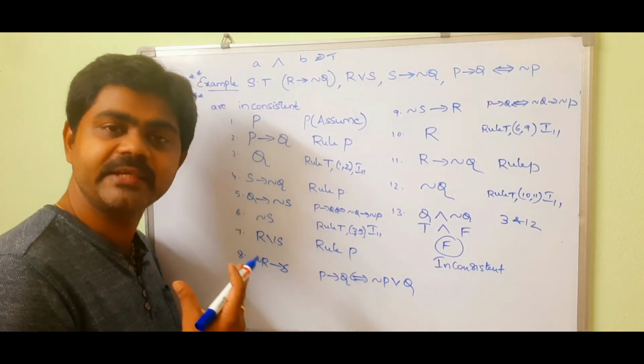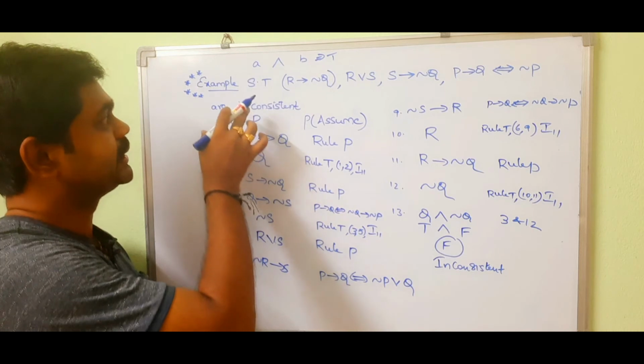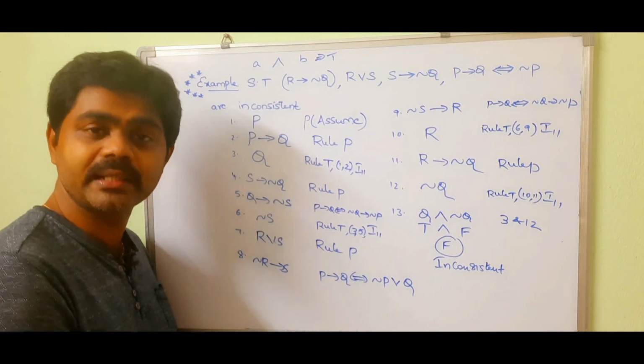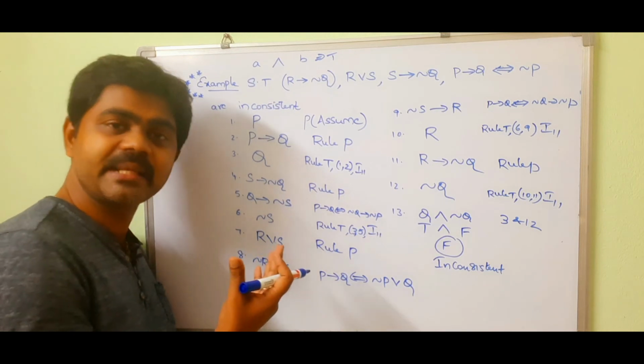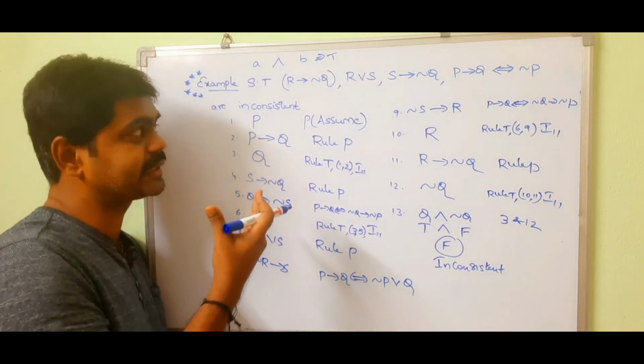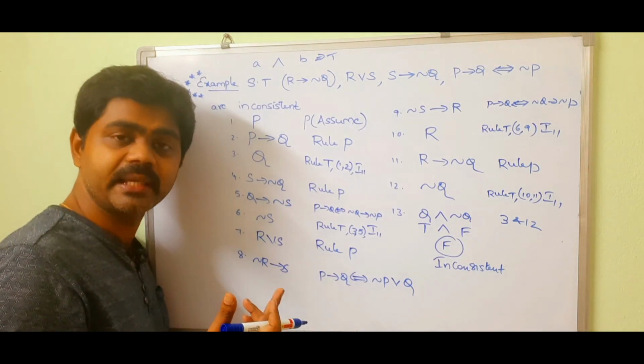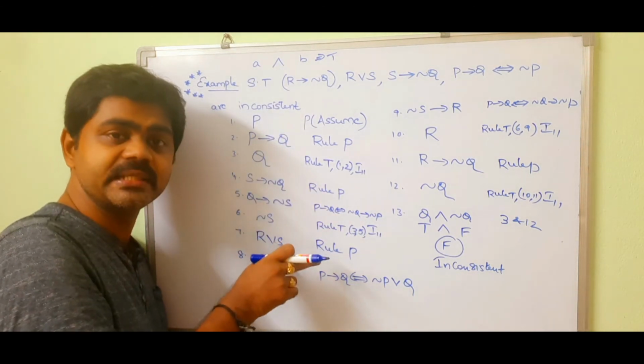Okay. So finally, we proved this, and this is called rule of contradiction. Why? Because we got false. In examination, they may ask you to show that given formulas are consistent or inconsistent. Okay. So I hope you understood with this example.